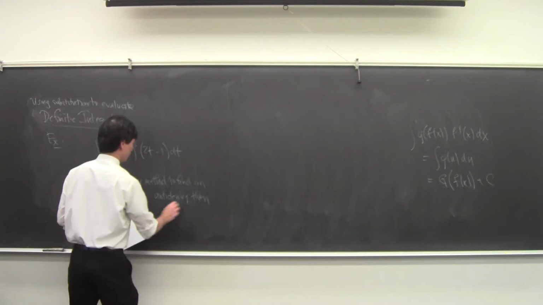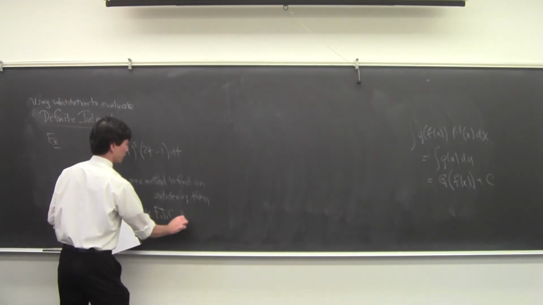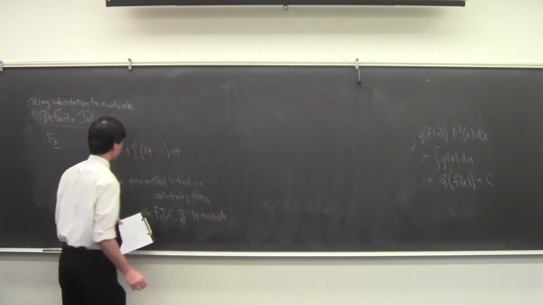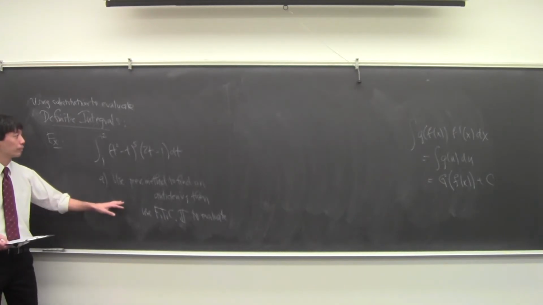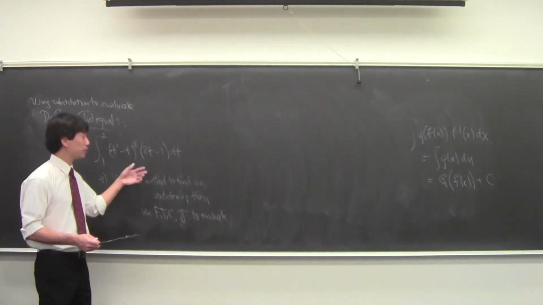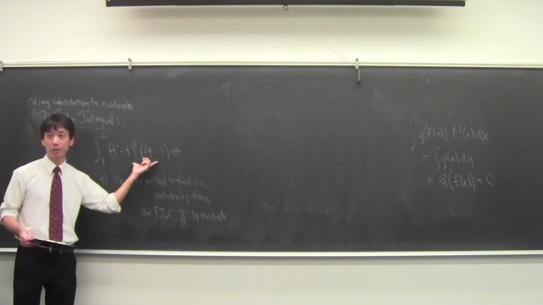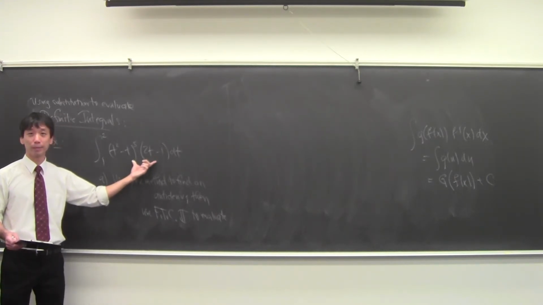Then use fundamental theorem of calculus 2 to evaluate. Okay, so take 10 seconds and write down an antiderivative of this. Use the u-substitution to figure out an antiderivative of this.